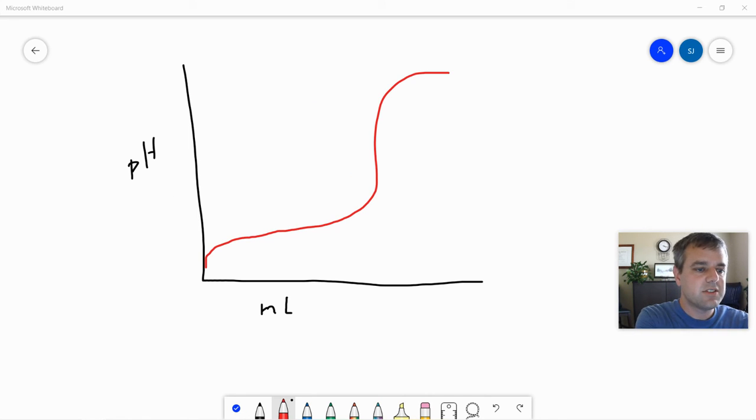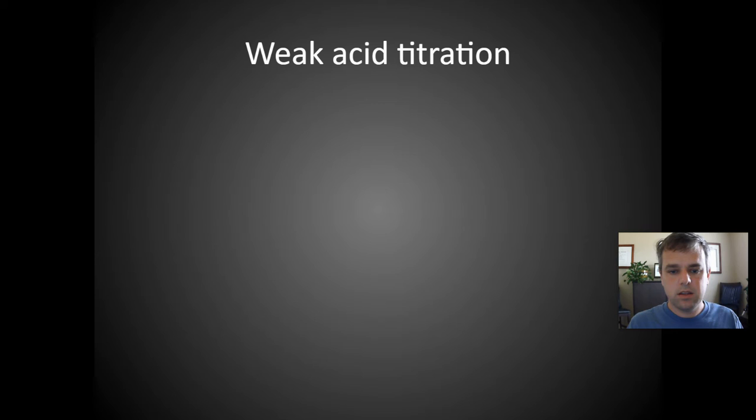And if we titrate a weak acid with a strong base, then at the equivalence point, our pH is going to be greater than 7 because we have present in solution the conjugate base of that weak acid we were titrating. I want to focus a little bit more on a weak acid titration real quick.